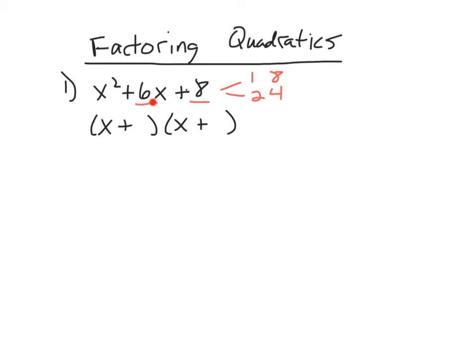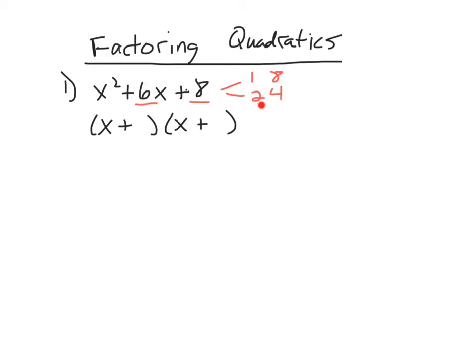Well, that's where the middle term comes in. I'm looking at my middle term, 6x. Well, that's going to be this number times that x, and this x times that number. And then we add them together since they're like terms. So I need two numbers that essentially add to 6.